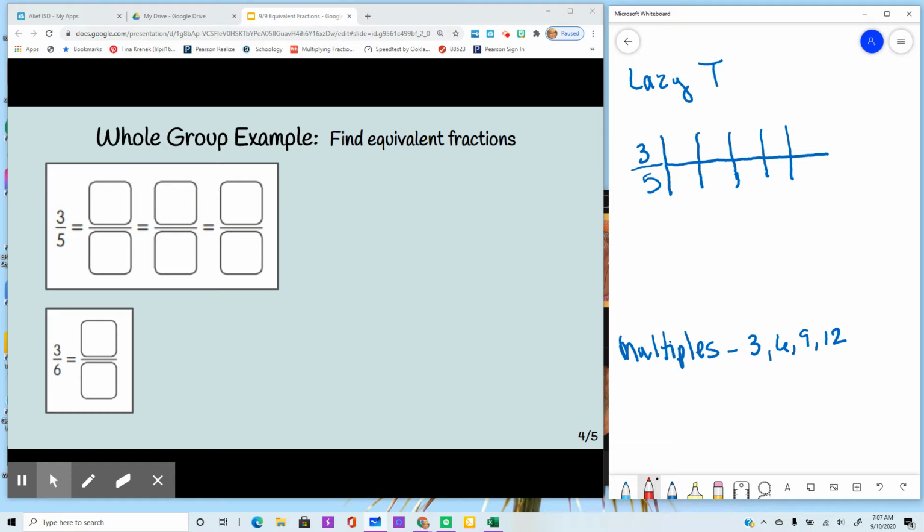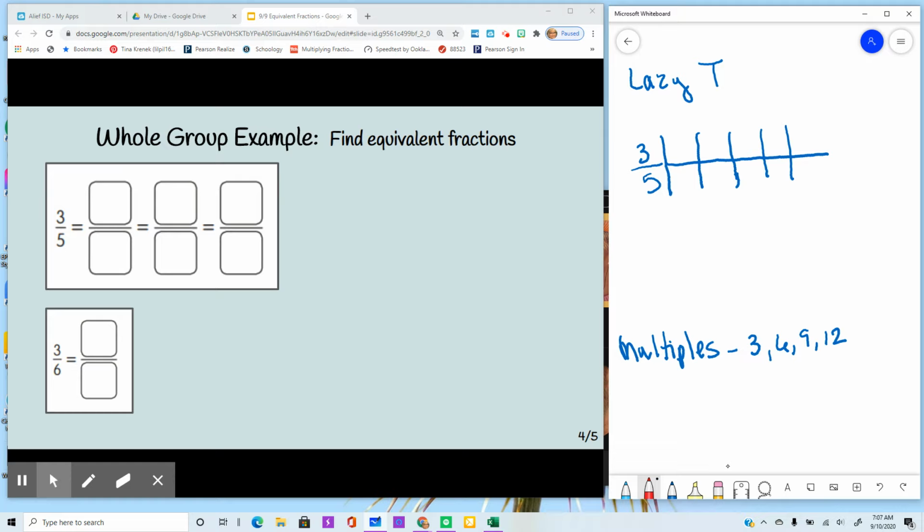I like to start with the denominator and list my multiples for my denominator, then my numerator. You're not going back and forth and you don't get confused at what you're counting by. Now, in our last examples, we started with a 1 as a unit fraction, 1/3, 1/2. So now we're going to look at some fractions that aren't just unit fractions.